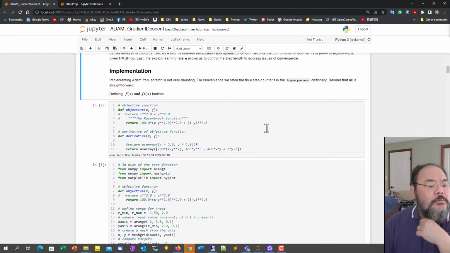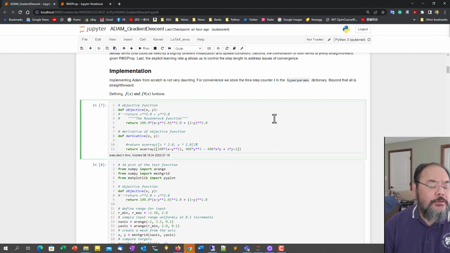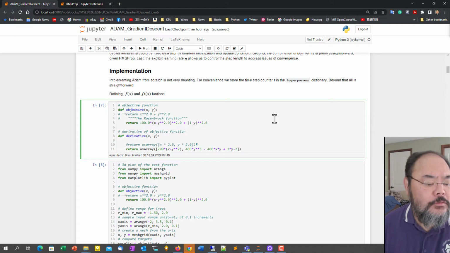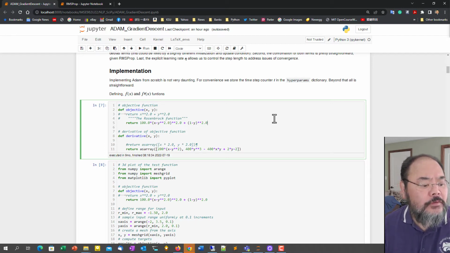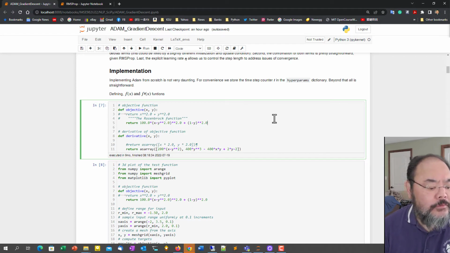Okay, so we go into implementing the Adam algorithm. First, we're going to use the Rosenbrock function we used many times before this lecture. First, we want to calculate the objective of the Rosenbrock function and the first derivative of the Rosenbrock function.